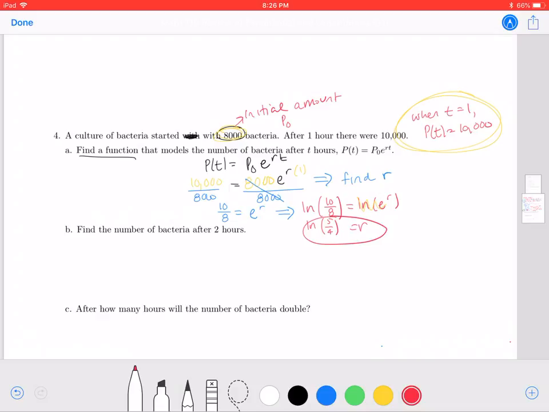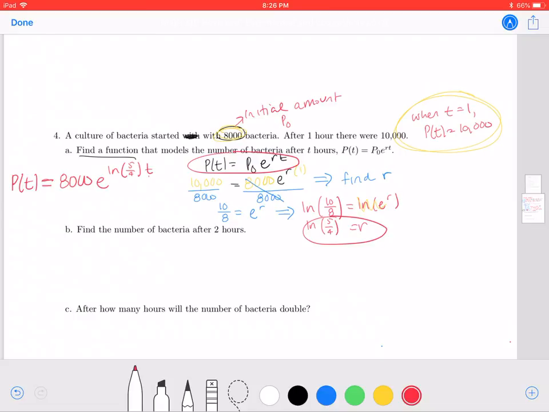So if I want to find a function, here's the initial function. I'm going to plug in that r value. I'm going to leave P sub 0 to be 8,000. And then I'm going to plug in natural log of 5/4 for r times t.